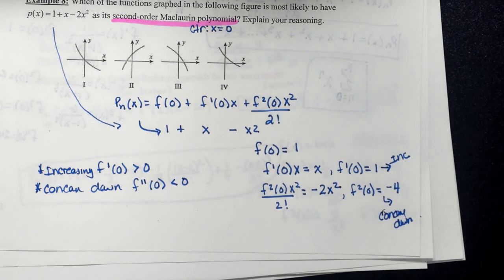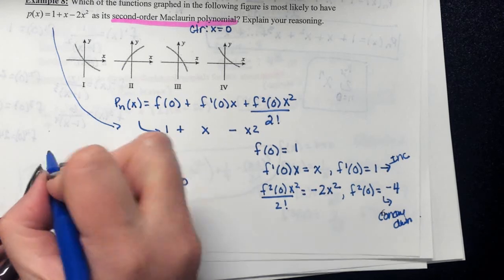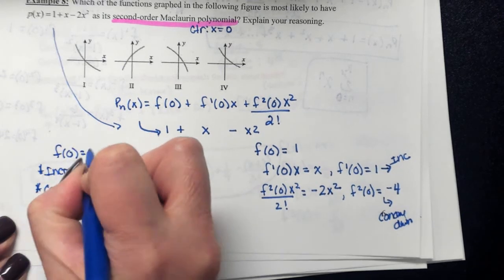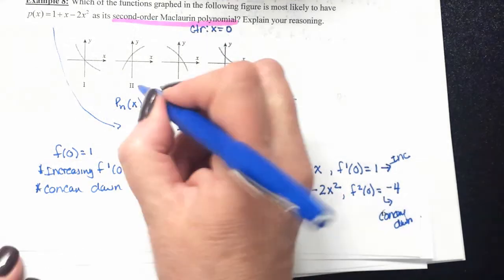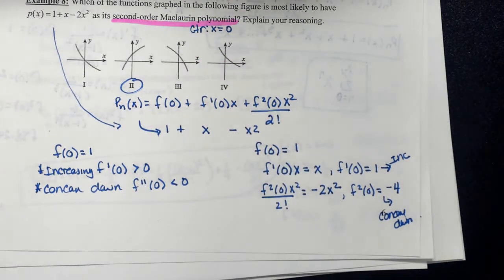So which answer choice, and again, obviously, I know that I have to have that condition f of 0 is equal to 1. So which one of these graphs is going to satisfy all three of those conditions? 2. Okay? So any questions on that?